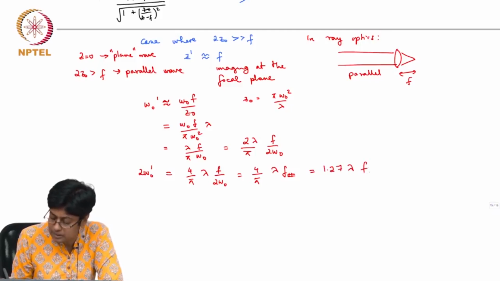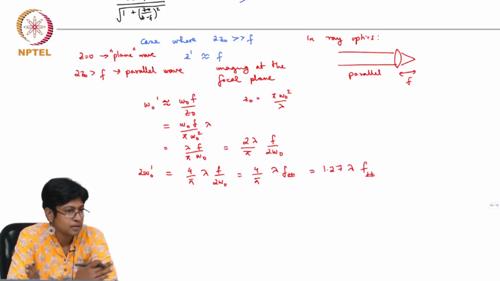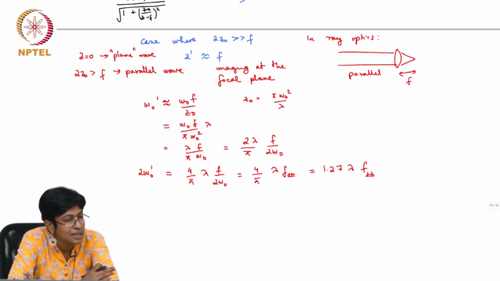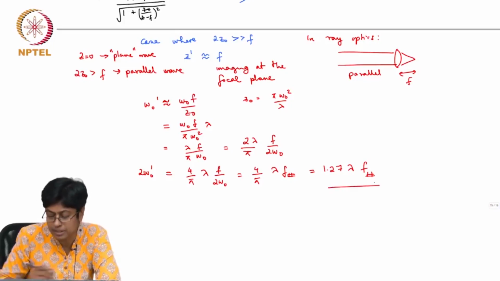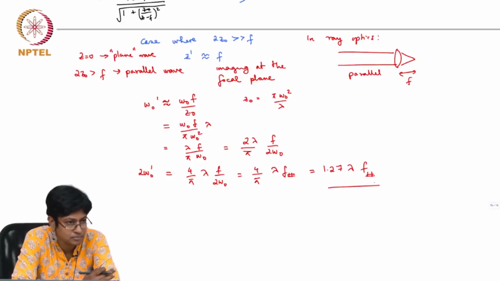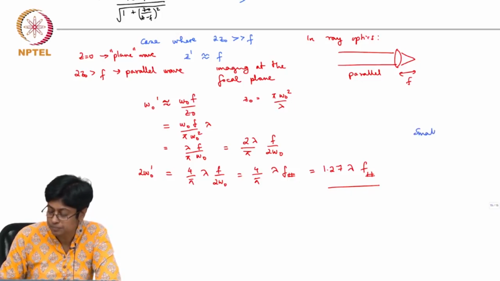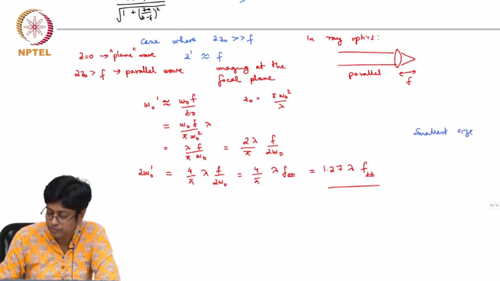So often you will see in textbooks that they will give you the focal spot, the smallest size you can focus down to, is given by this expression. Now, I don't know if you remember, but when we were doing ray optics, we said the smallest size in ray optics was 1.22 lambda f by d.